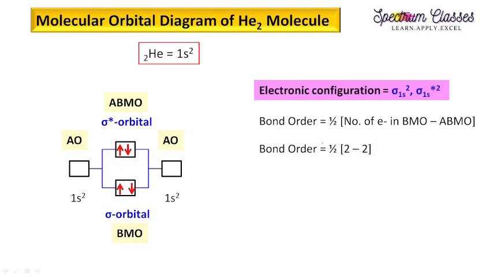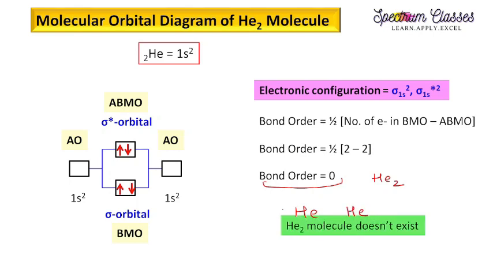This 2 minus 2 gives us 0, and 1/2 times 0 gives us again 0, right? So I have elaborated it here. The bond order of the He2 molecule is 0. It means there is no bond between helium and helium. Therefore, what inference have we made out of this? The helium molecule doesn't exist, right?